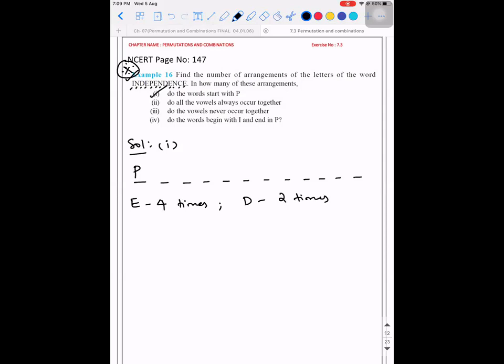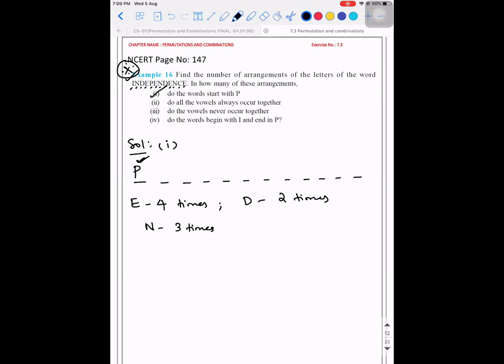N is repeated 3 times. So E is repeating 4 times, D is repeating 2 times, and N is repeating 3 times. So this P can be placed in the first place only in one way. Okay, so that is done.